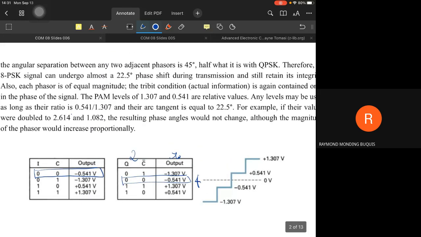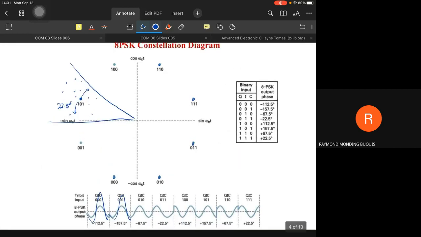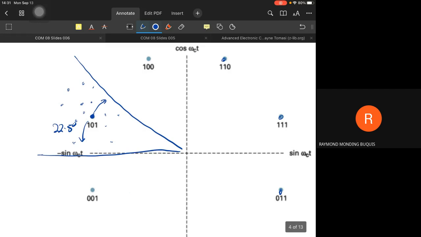So for this particular scheme, they opted to choose these values, 1.307 volts and 0.541 volts, for 22.5, because 22.5 is the maximum deviation between one state to another.